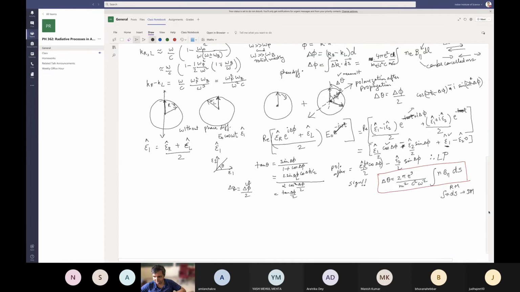Now I may have made a sign mistake, but at the end I think this delta theta is measured in this sense.